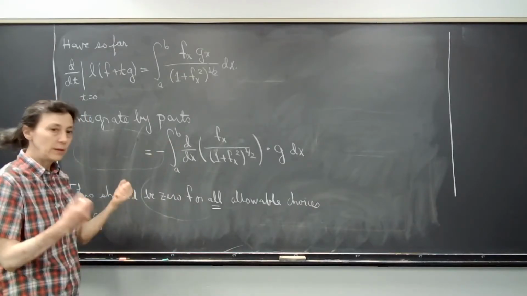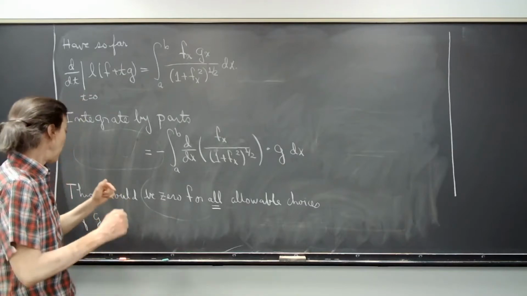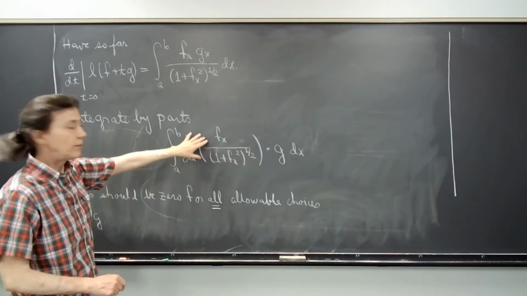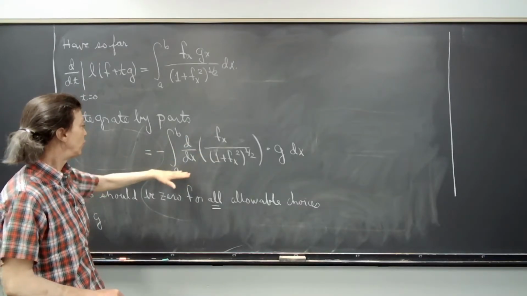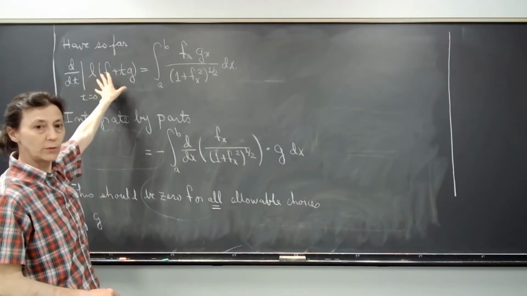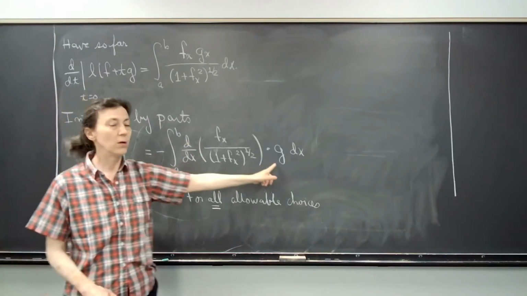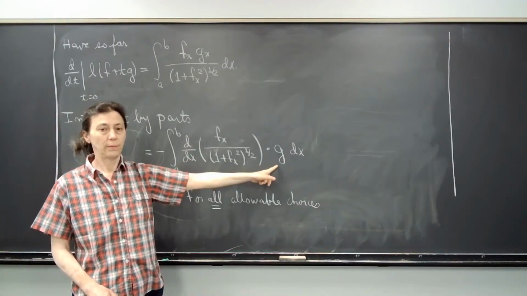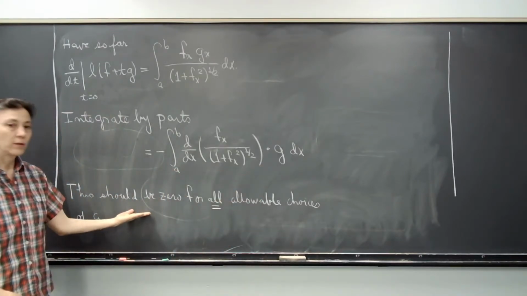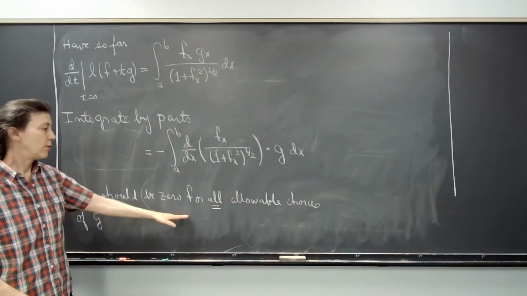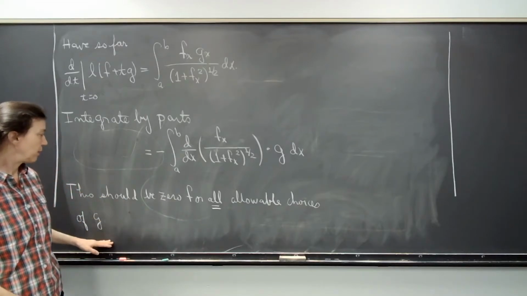Now, here's the crucial part. If f is a minimizer, then this derivative should be 0 for all allowable choices of g.